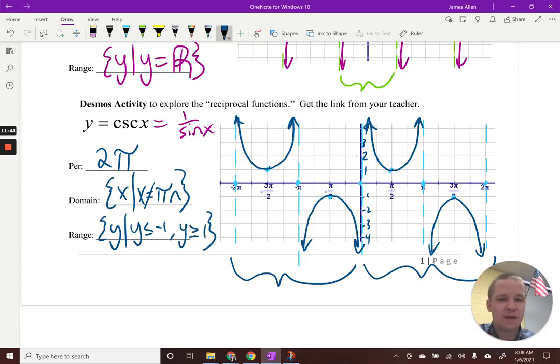There we go. Right? There's that little gap there. You could also have written that as -∞ to -1 with a bracket on the -1, and then +1 to +∞.